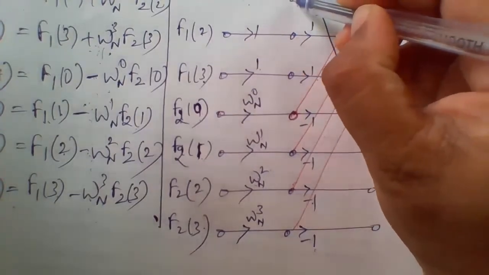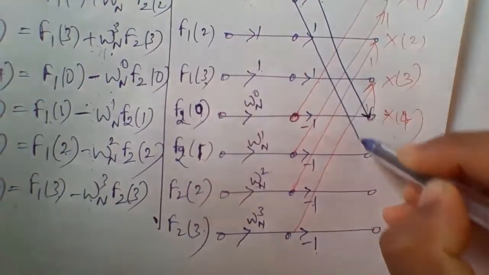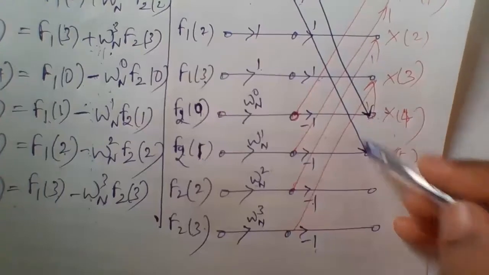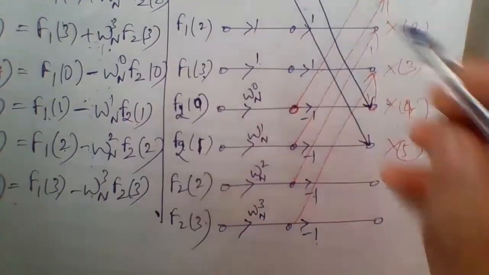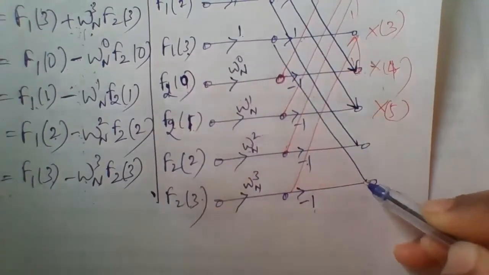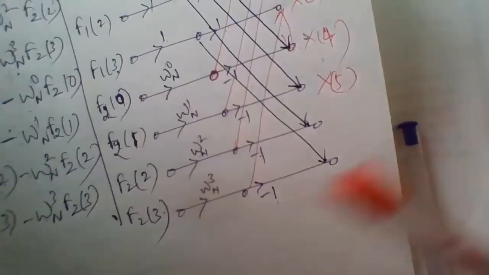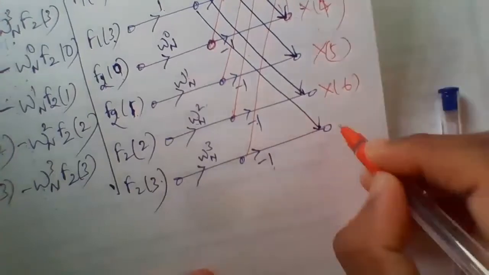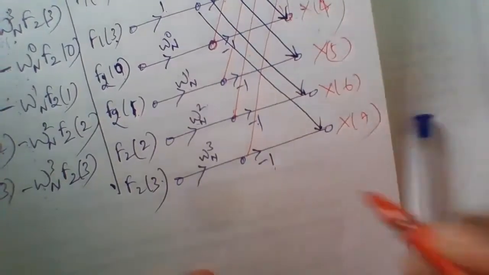We have to connect the second line with the second one. Similarly, third, and last we connect, just like x of 6 and x of 7.